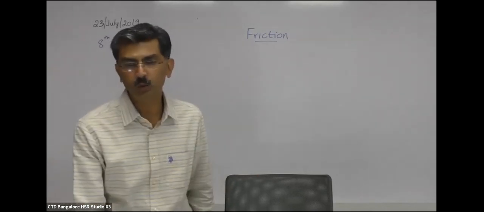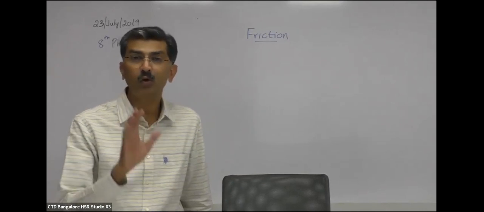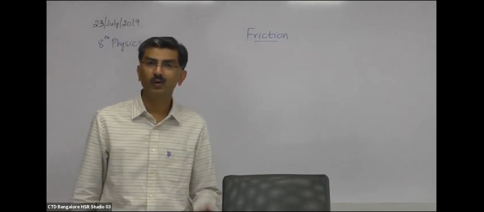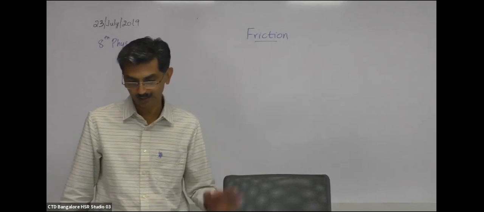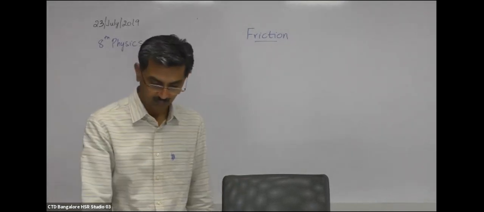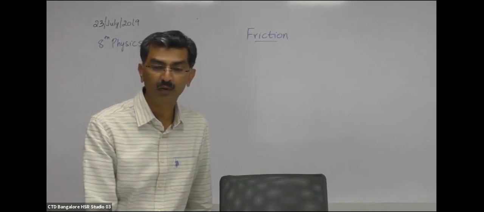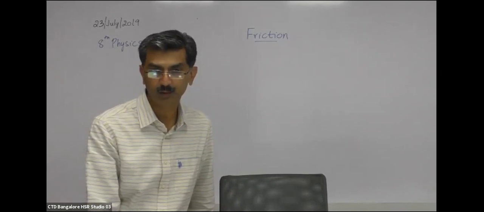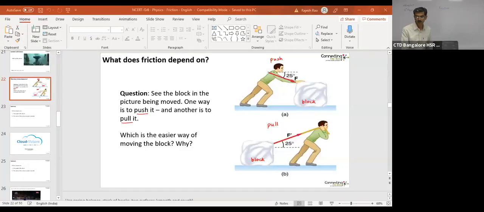I had asked you one question in the last class, and I wanted you to think about it. So let me show you the question again and then pause for a minute and see if anyone has an answer. This was the question I had asked.